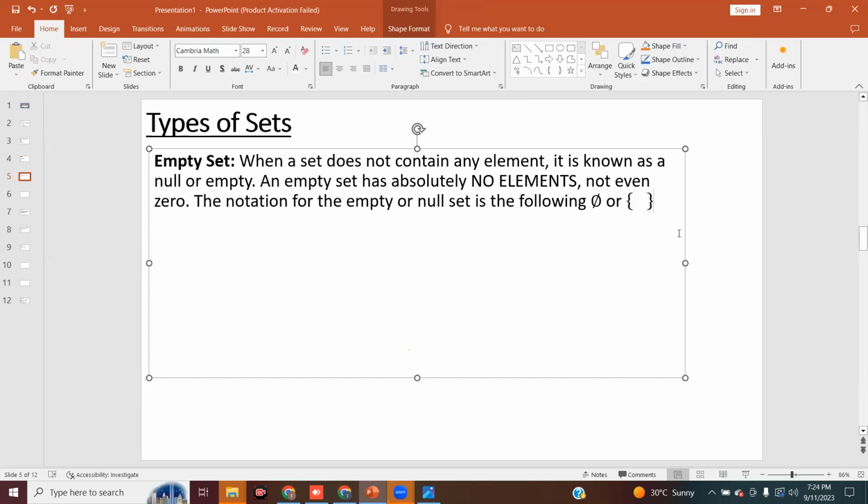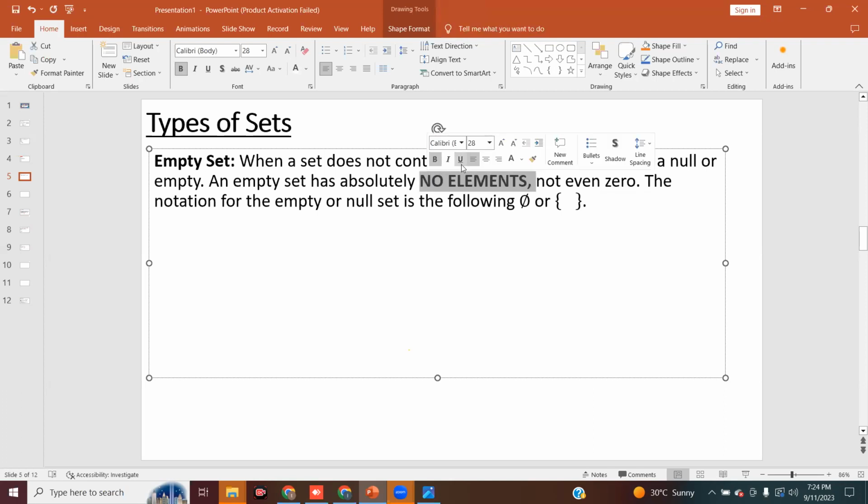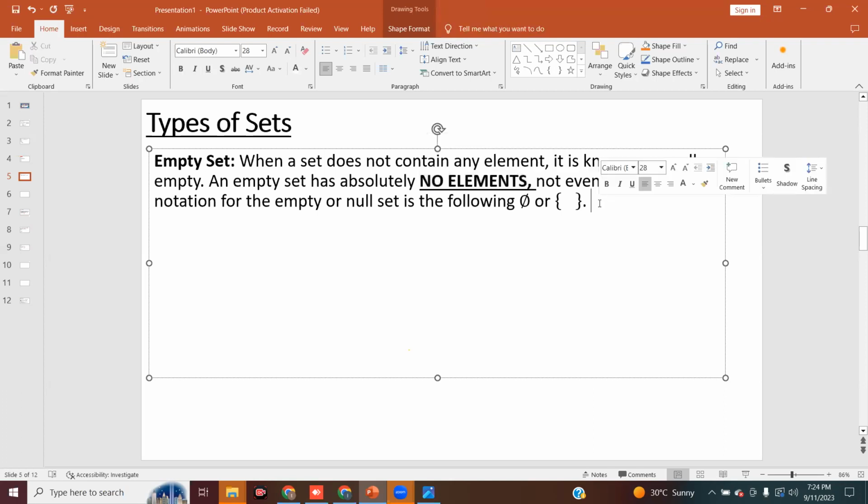Good. So that's the empty set, a set with nothing inside, or a circle with a cross going from right to left. That's what we mean by an empty set or the null set. It has absolutely no elements inside of it.